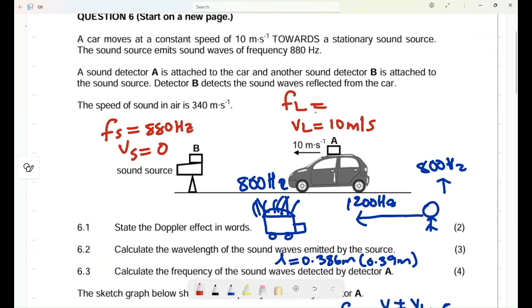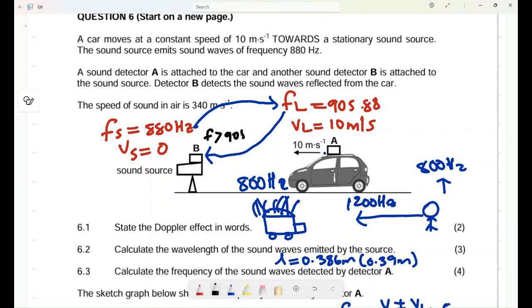Now I come back here. This one emitted 880 hertz and detected 905.88.